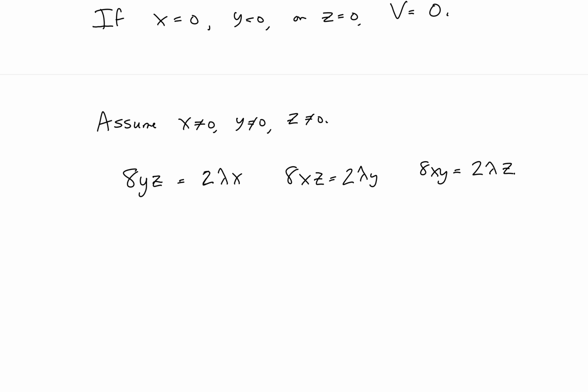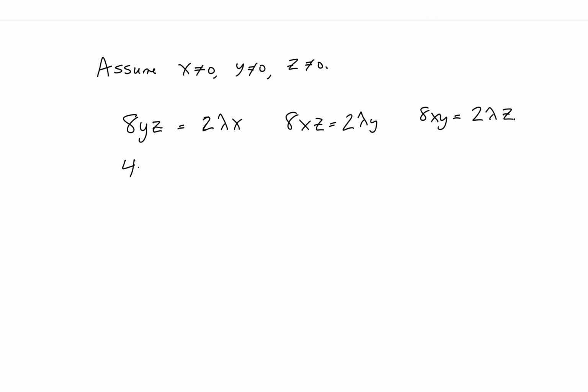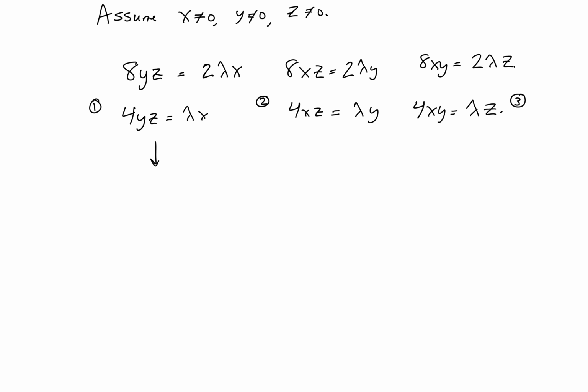So we can obviously divide all of these by 2, and we'll get 4yz is equal to lambda x, 4xz is equal to lambda y, and 4xy is equal to lambda z. So let's call this equation 1, equation 2, and equation 3. So I can solve equation 1 for lambda, and I get lambda is equal to 4yz over x.